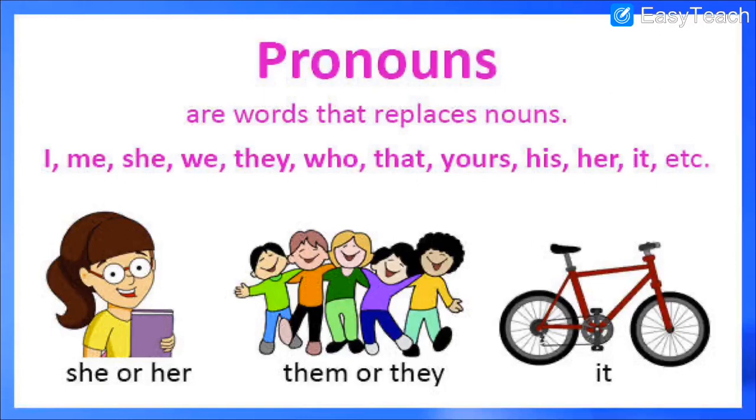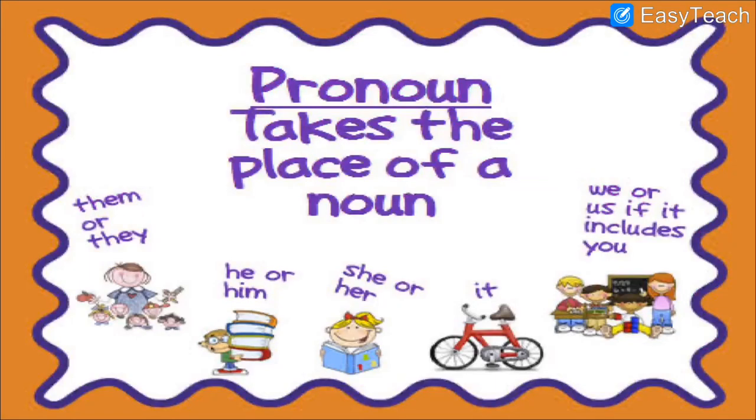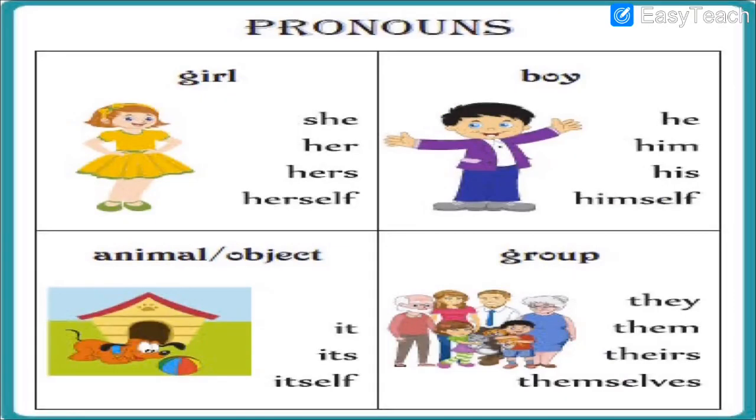And what are the examples of the pronouns that we had learnt? These are the examples: I, me, she, we, they, who, that, yours, his, her, it, etc. These are all pronouns. Then we had learnt some more pronouns. I had told you for girls you can use all these pronouns: she, her, hers, herself.